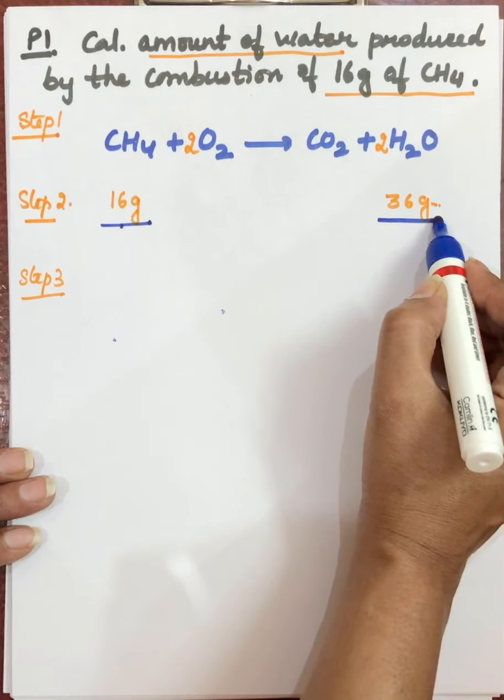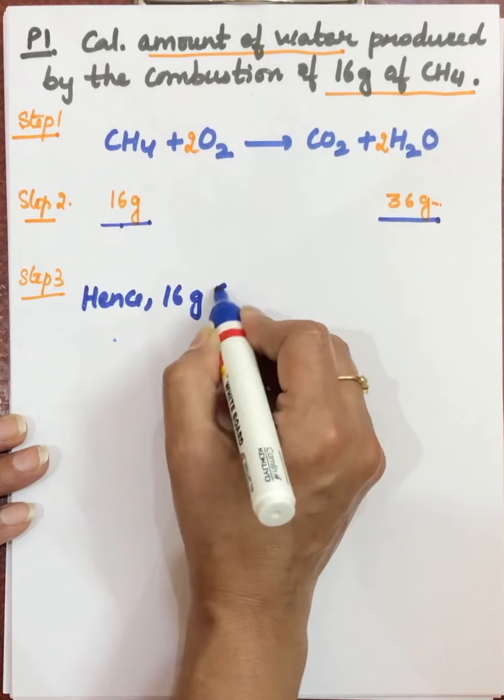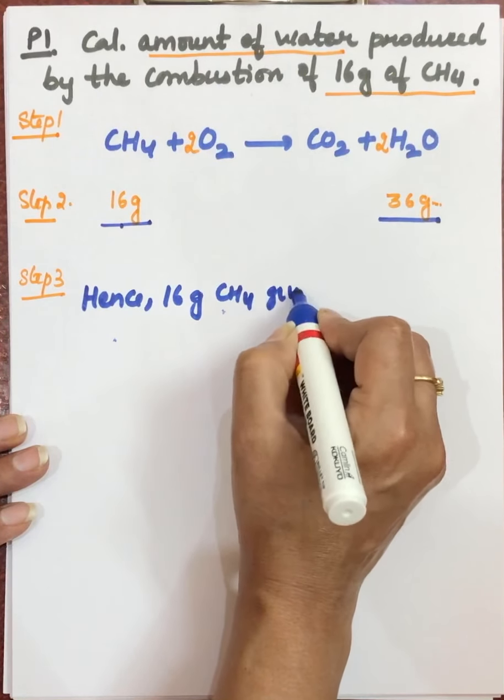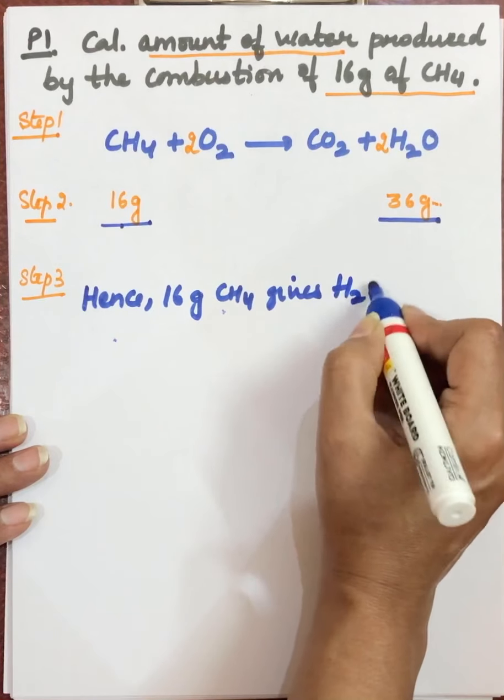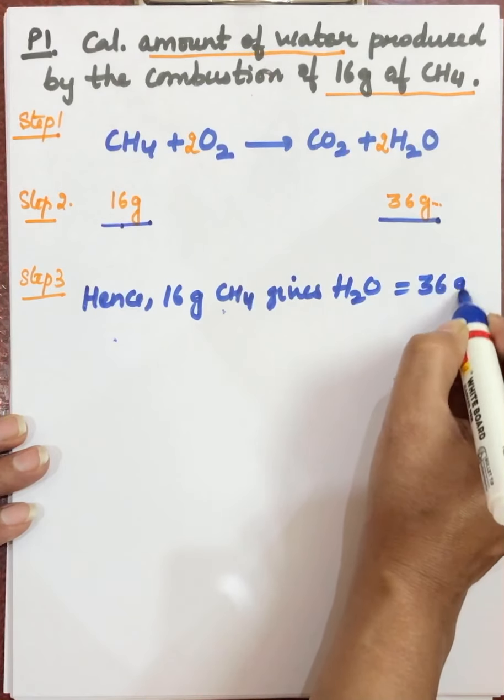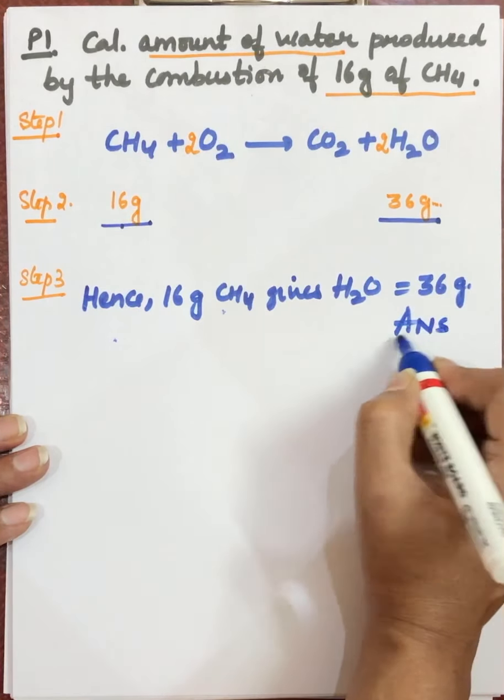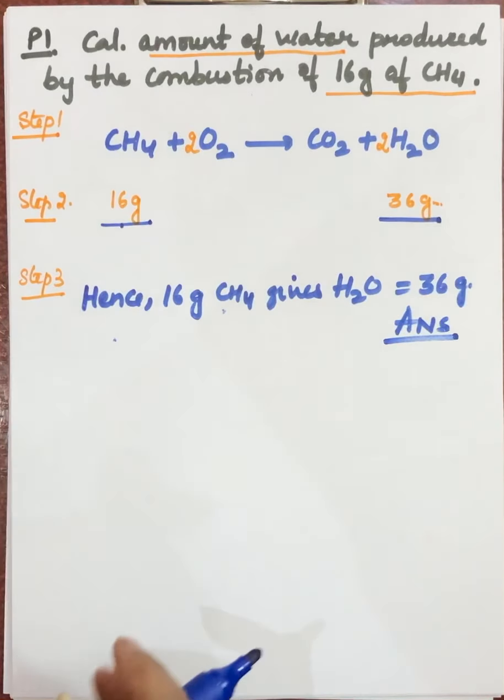Hence we will write 16 gram methane gives water equal to 36 grams on combustion. This is the answer. This is the first question.